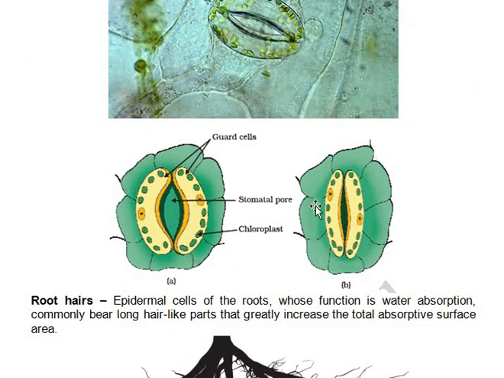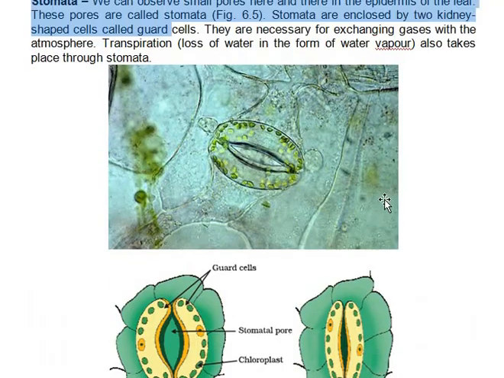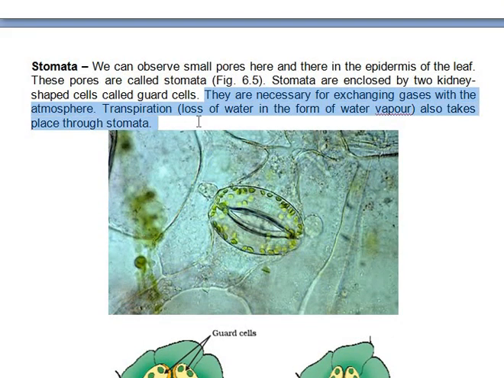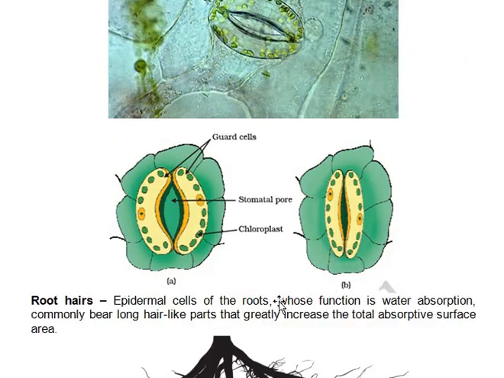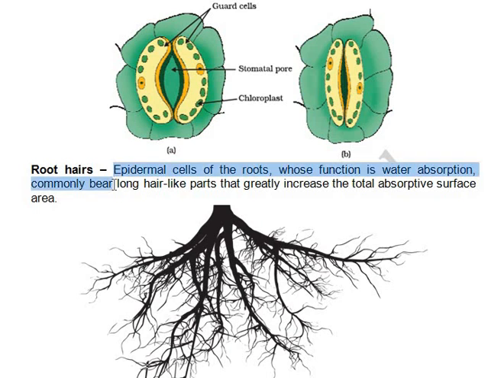This is the open stomata and this is the closed stomata. And you should know the important functions of the stomata. This is one of the most important questions of this chapter, tissue. And then you should know the importance of root hairs in the root, how they increase the surface area and help in the absorption of water.